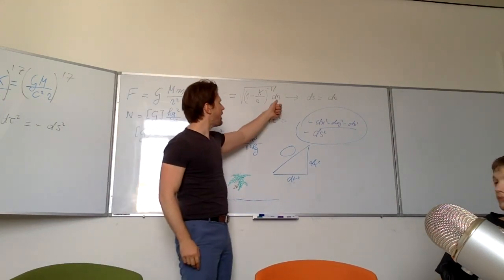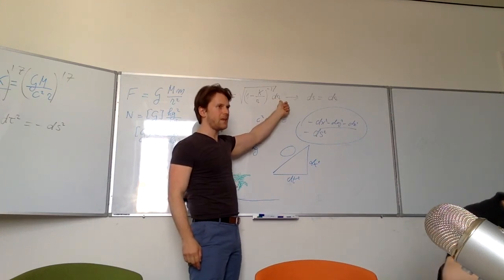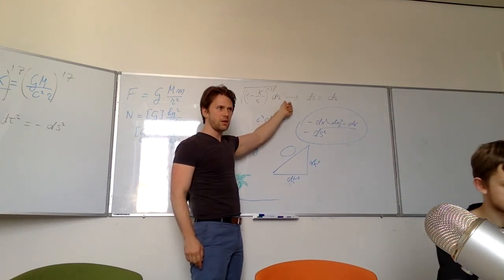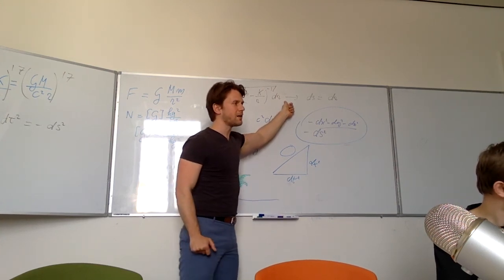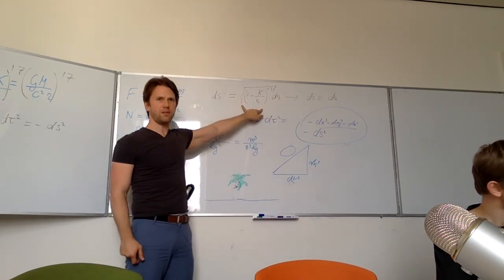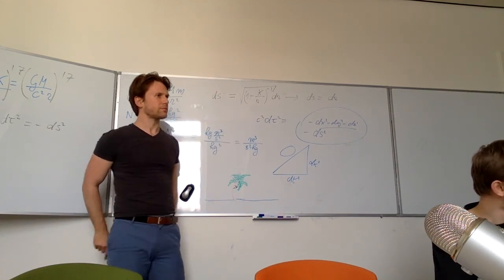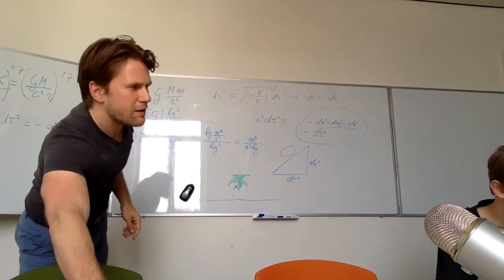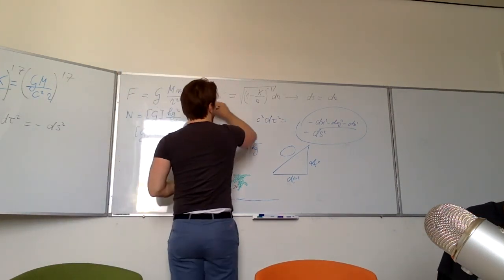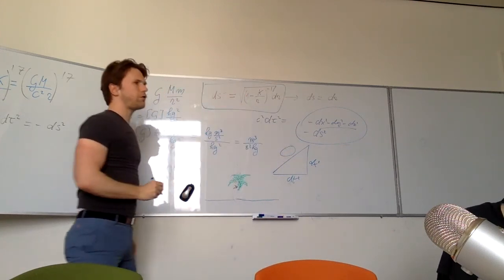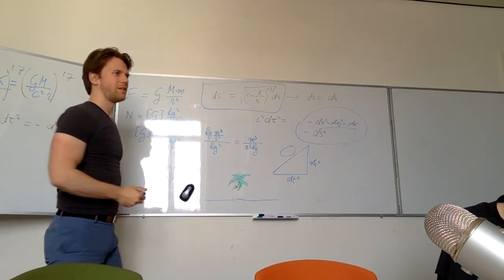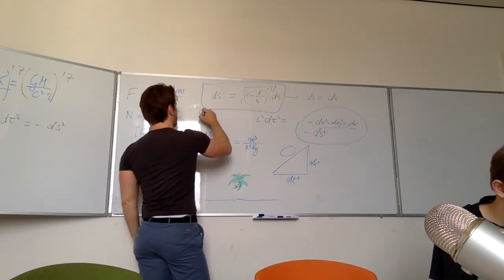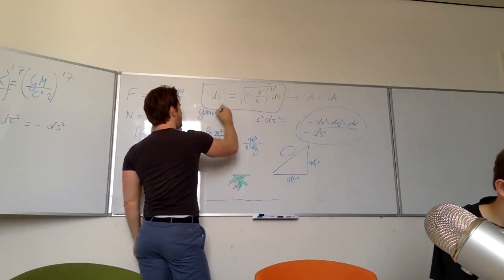If somebody tells you how much distance there is infinitely far away, that's this number, then you can calculate what the distance is for some other guy by plugging this factor in front of these two people. So if you will, this is gravitational Lorentz contraction, but I struggle to call it Lorentz contraction because it doesn't contract, it expands. So don't use that term anywhere outside of this classroom.